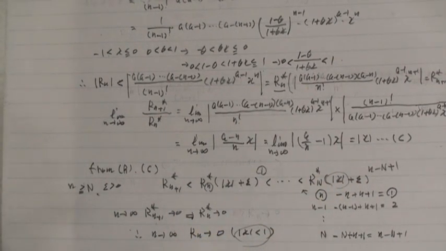Now absolute x is smaller than 1, this range to 0. And R_{n+1} star close to 0, then R_n star close to 0. And then n close to infinity, R_n close to 0. Okay? And I could say it's finished.